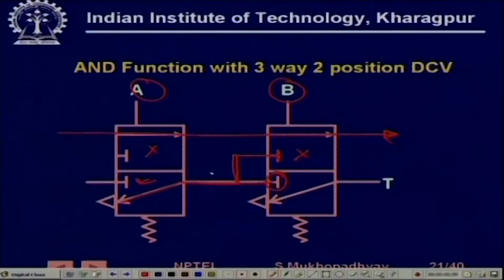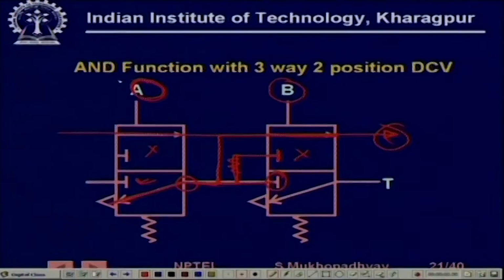Rather, this is connected to this position. You see, this is actually connected to this second side. So it will not go there, it will rather go to the left one. Then the system will be connected to exhaust if this is taken off.